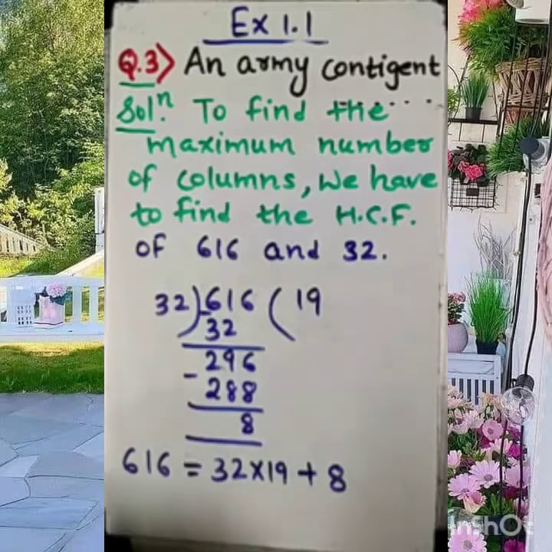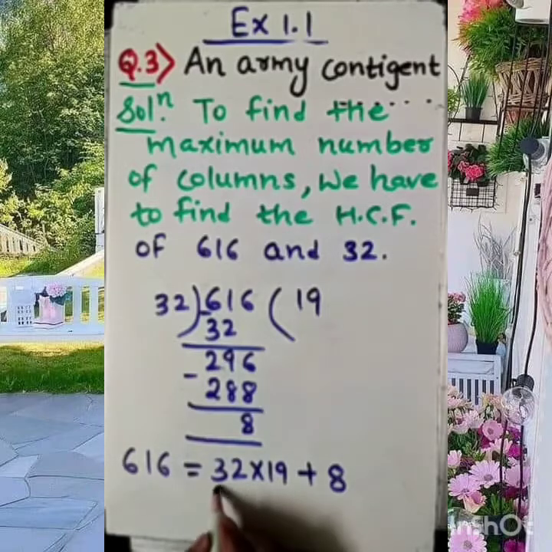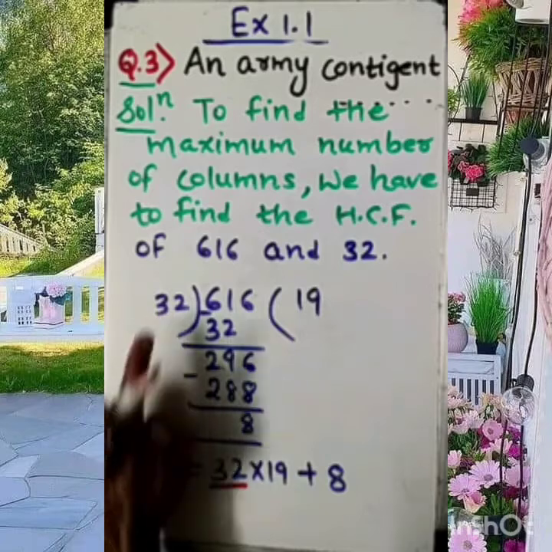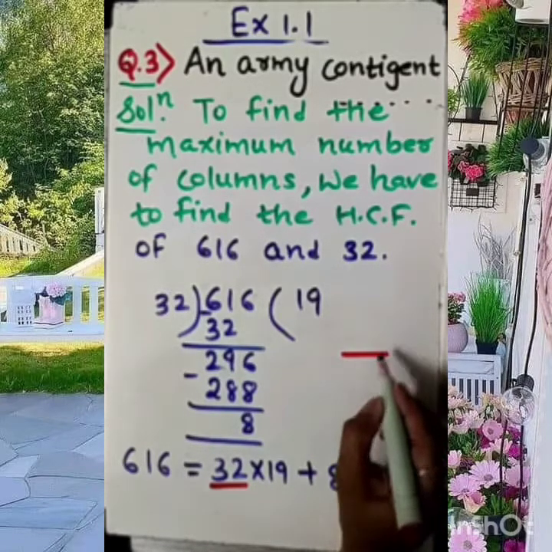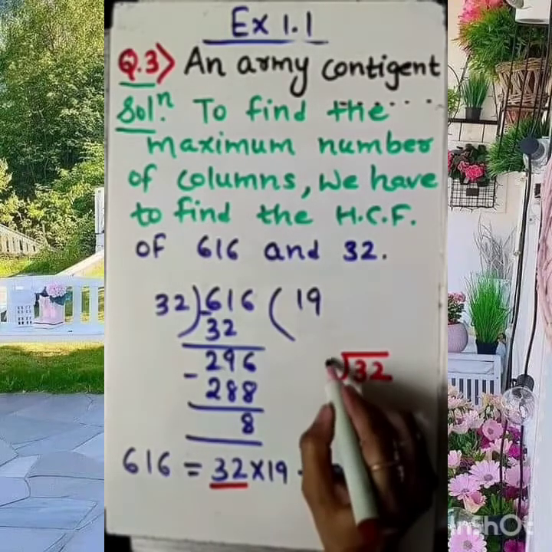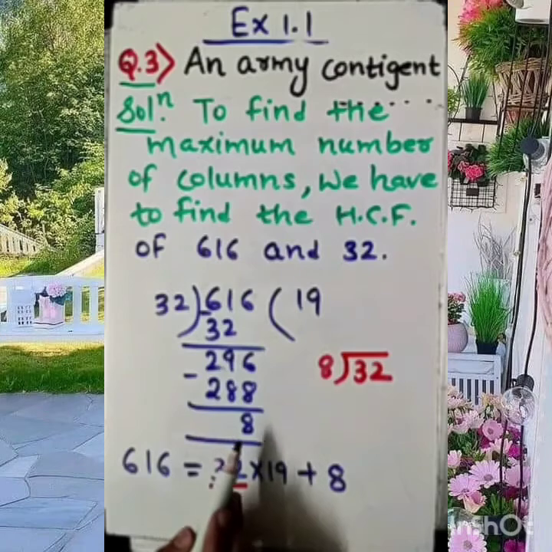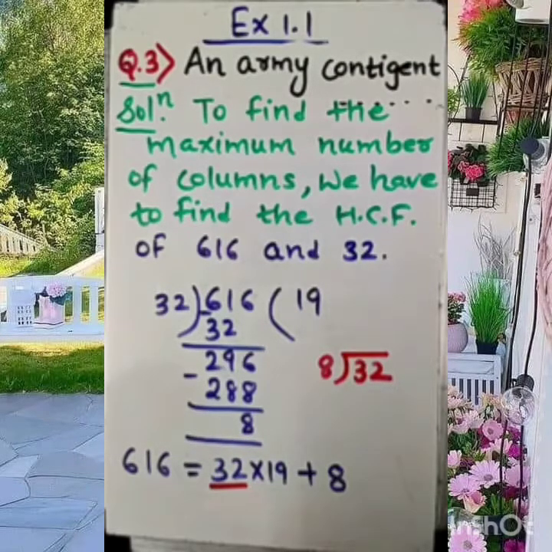Get it? Now dear students, here whatever the value of this portion we are getting, 32 is the number, that is the divisor. One more step we need to do here, that is, divide 32 by the remainder. The divisor we are dividing by the remainder. So 32 is divisible by 8, you know.